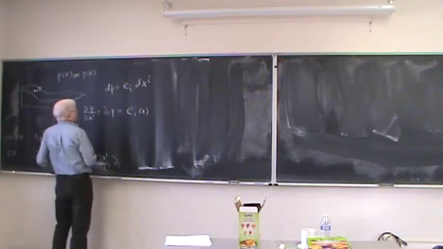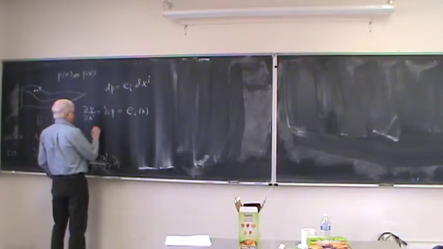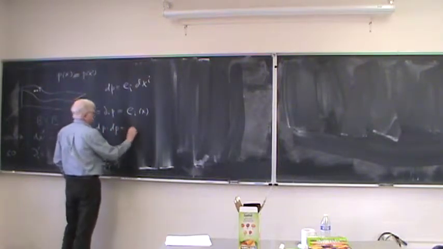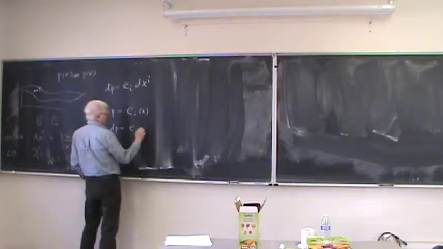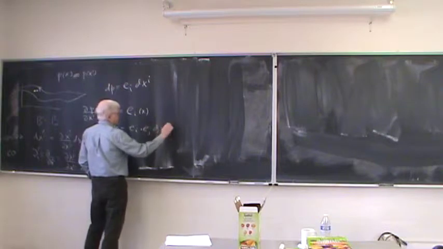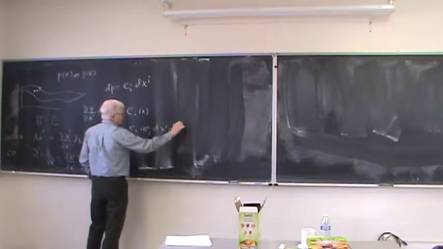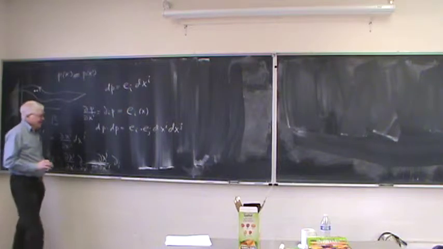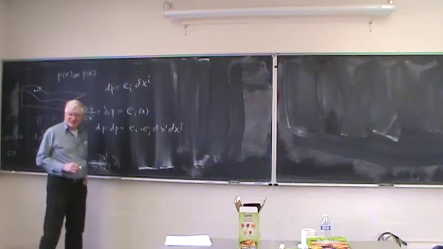Now, let's consider dp dot dp. Well, this is going to be EI dot EJ dxi dxj. Now, you get a metric tensor like that, right? Right. You're ahead of the game, but let me sneak up on this.